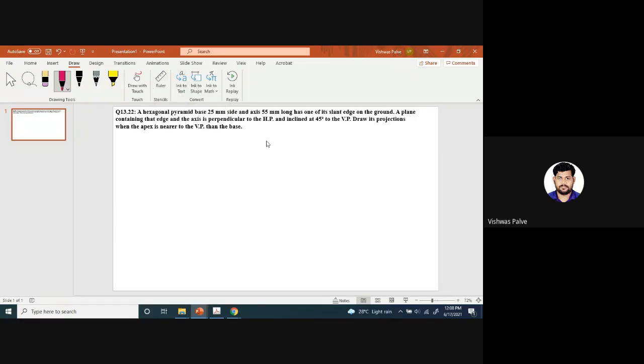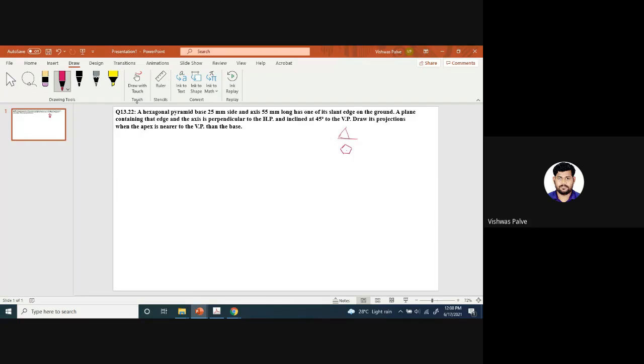First, let us understand how exactly the problem is going to rest, and then we'll start solving. A hexagonal pyramid, base 25 mm, axis 55 mm long, has one of its slant edges on the ground. So if I want to draw a pyramid, and its front view, it will be somewhat like this.